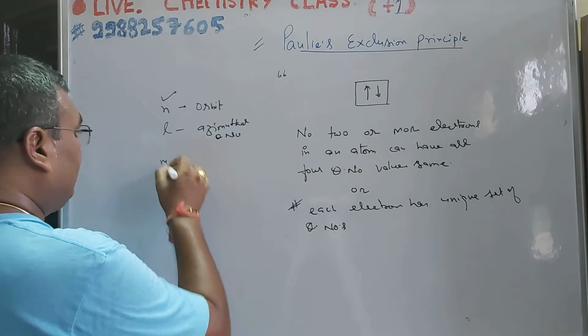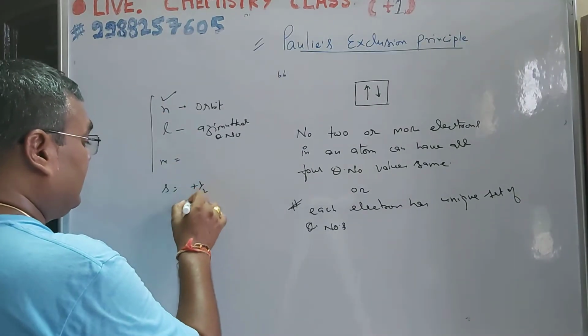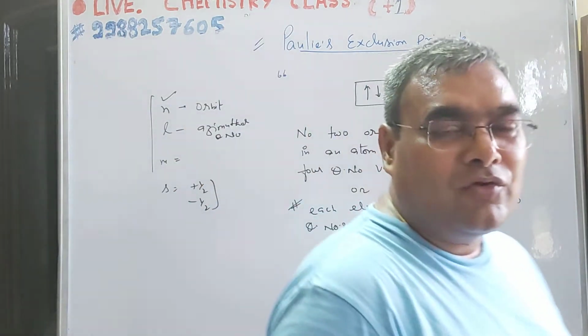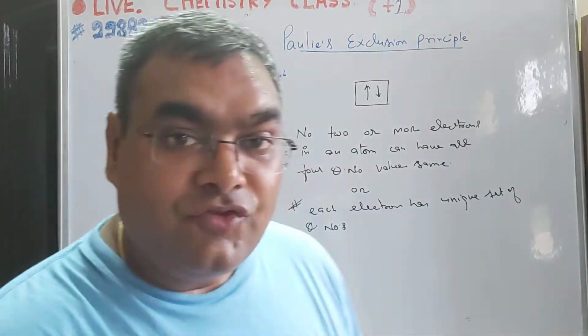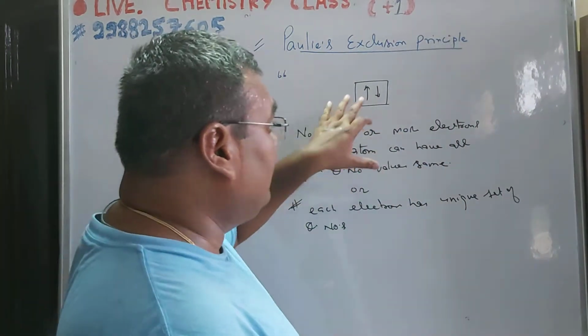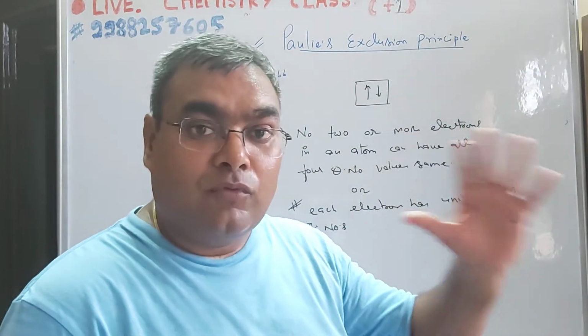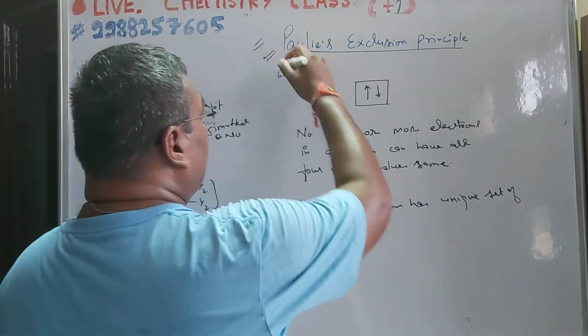But at least if all these 3 are same, then at least spin quantum numbers must be different. That means in any atom, no 2 electrons can have all 4 quantum number values same. Each and every electron within an atom has its specific, unique set of all 4 quantum numbers. This is Pauli's exclusion principle.